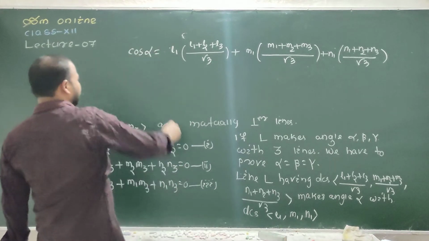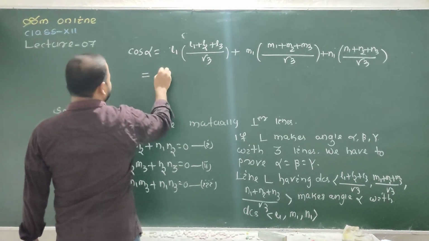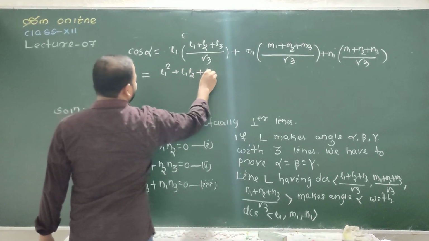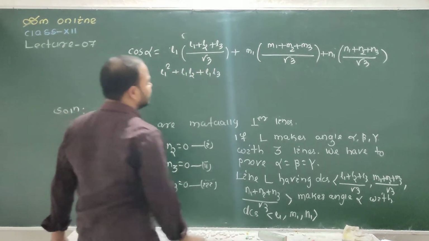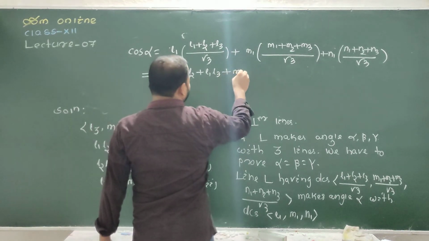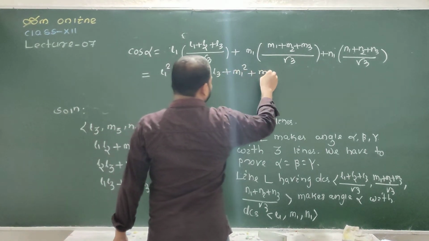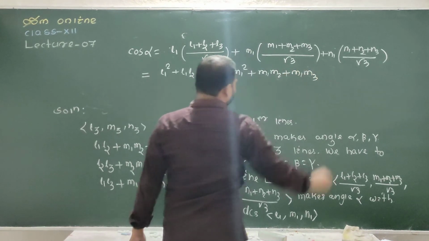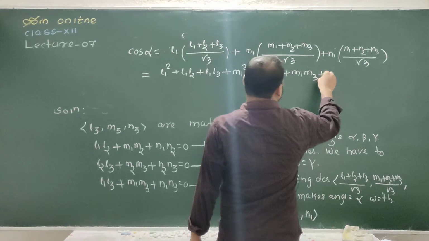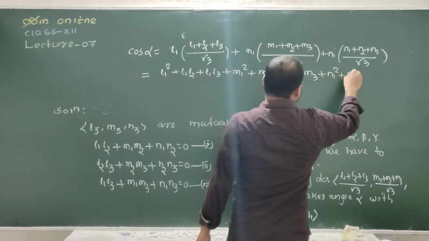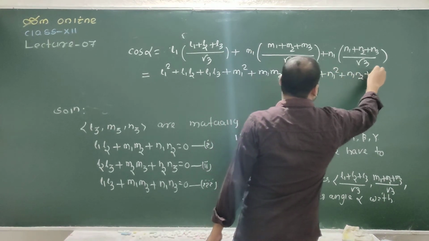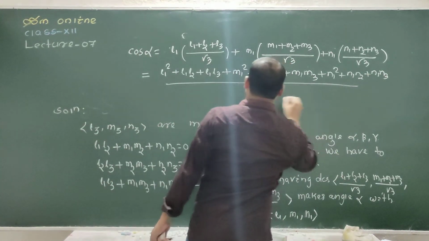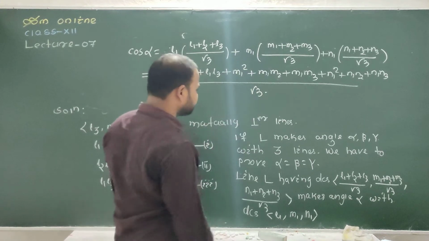After solving this, it is L1 square plus L1 L2 plus L1 L3, plus M1 square plus M1 M2 plus M1 M3, plus N1 square plus N1 N2 plus N1 N3, and this whole divided by root 3.